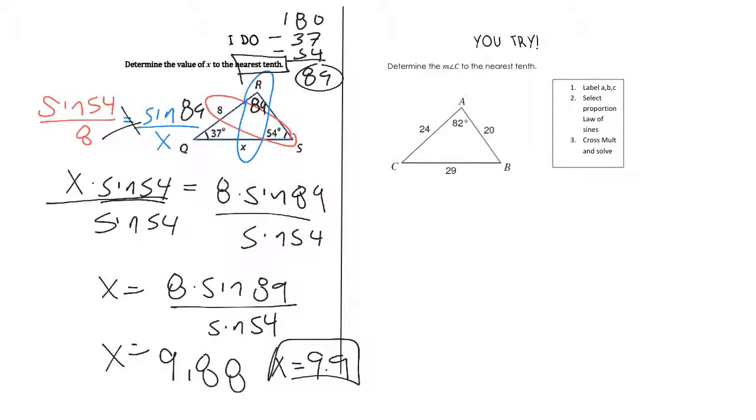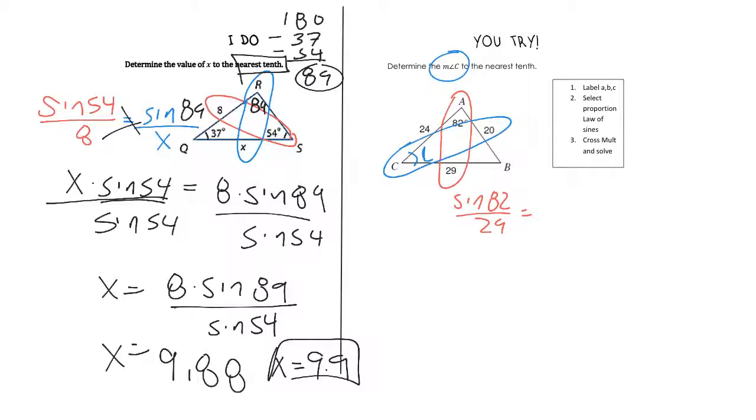So try that example on the right. First, set up your law of sines with your proportion, then cross multiply to solve. And I'll show you the answer. So on this one, I got sine 82 over 29 equals, I'm trying to find angle C, so this is the one I want to find.